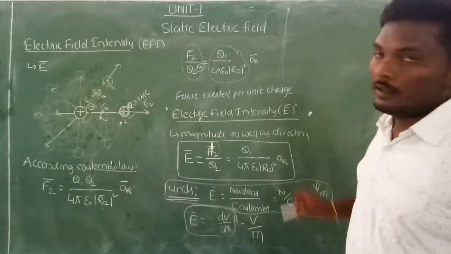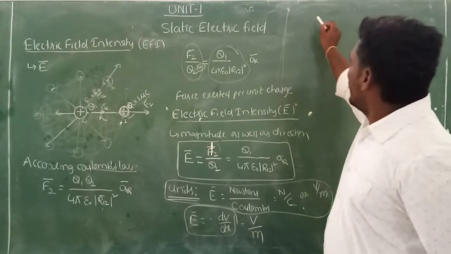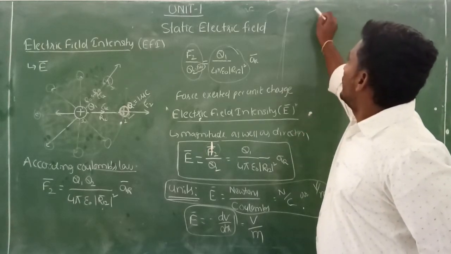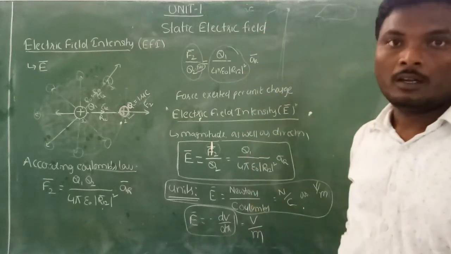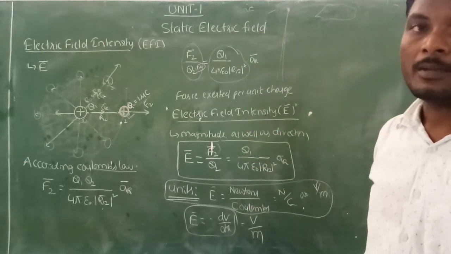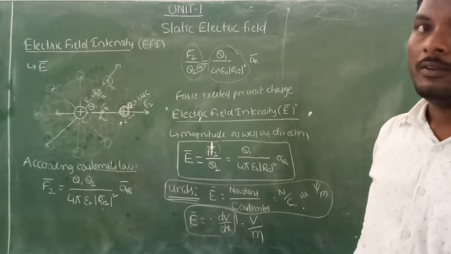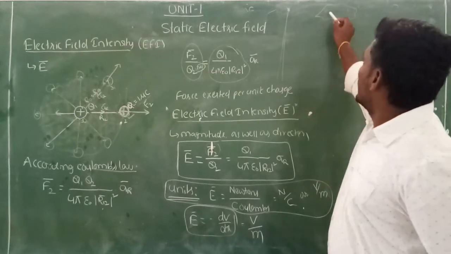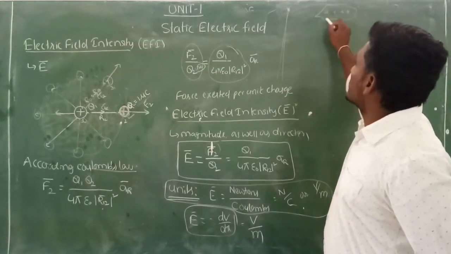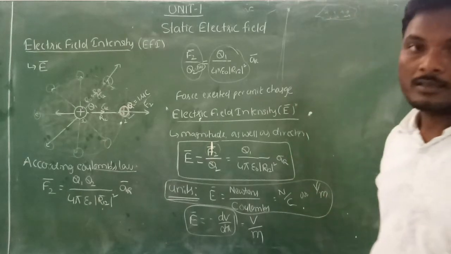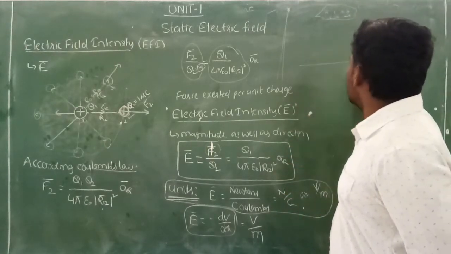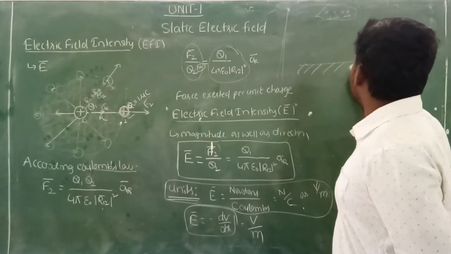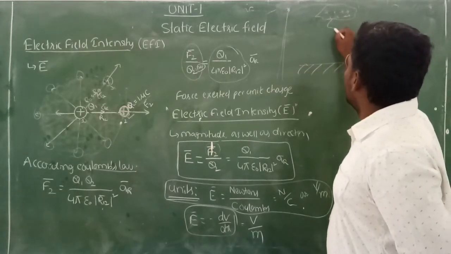So that's why, if thunderstorms occur in the environment during the summer or rainy seasons, what will happen? A lightning occurs from cloud to earth. Suppose you consider it is the earth, what will happen here?